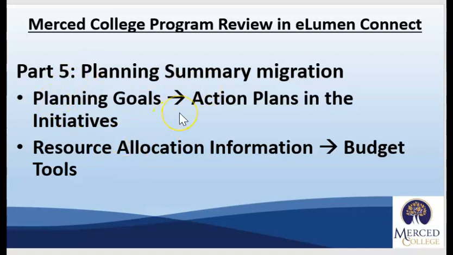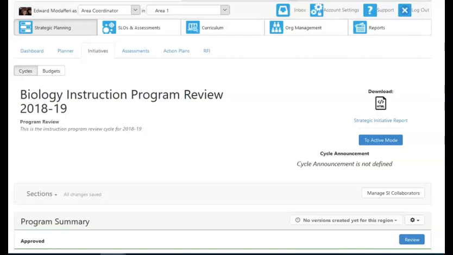So by using this process, we're hoping that it'll be a little bit easier to just transfer your planning goals over to your action plans, and also update your action plans with some new information that you've generated over the past year. In the last part, we're going to take a look at this resource allocation and how we can transfer these over to use in the budget.